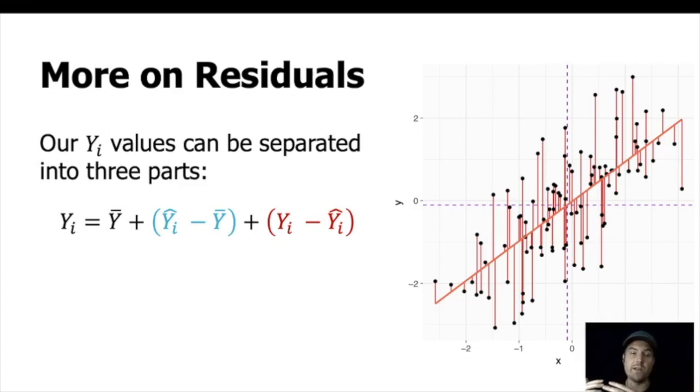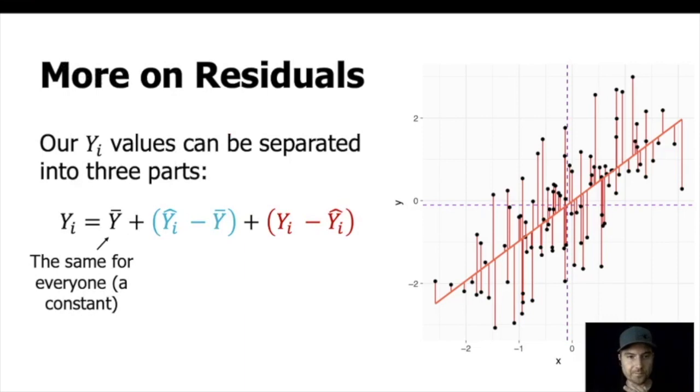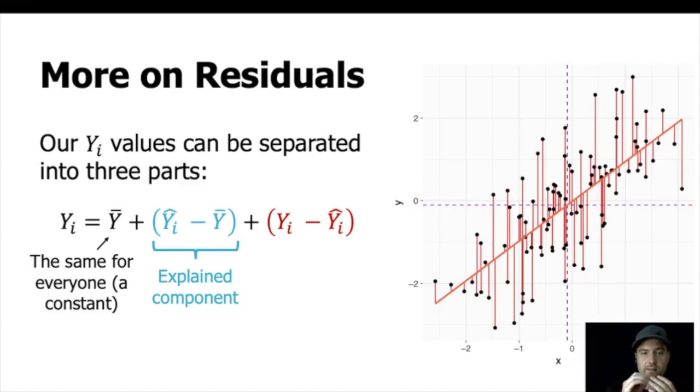That's already some information. The second piece is the explained component. This is the part that we're saying we actually understand why this predicted value is different than the mean. This is going to make more sense as we get further into it.